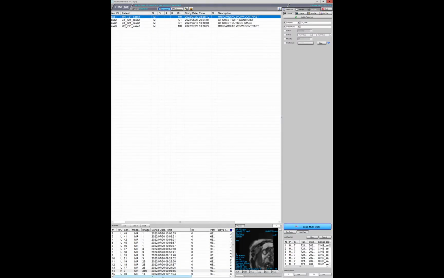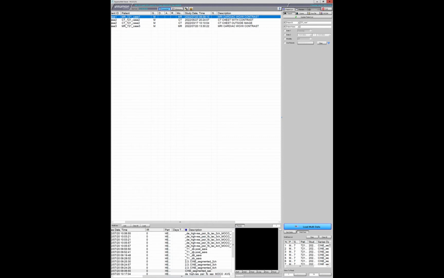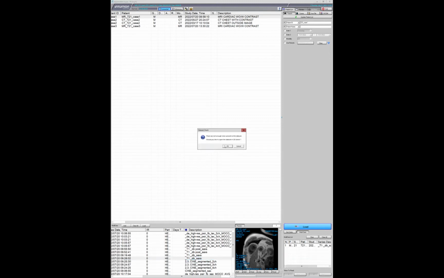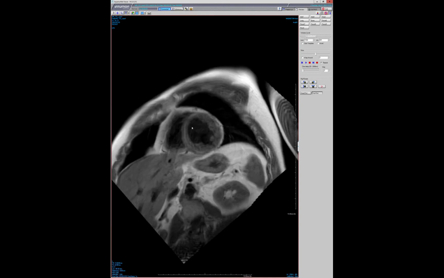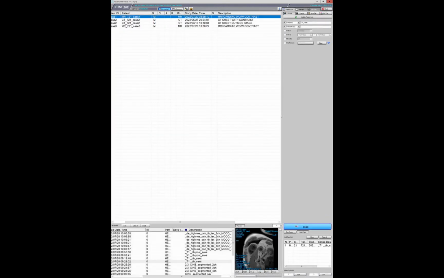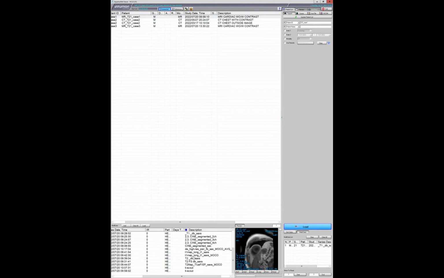This is confirmed on, sorry, I have a lot of sequences here. Here's our T1, and you can see there's all this fat here in the left ventricle. If I search around long enough, I'm sure I can find my T1 dark blood somewhere.